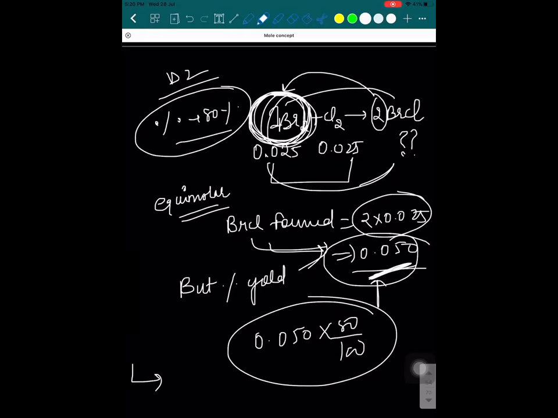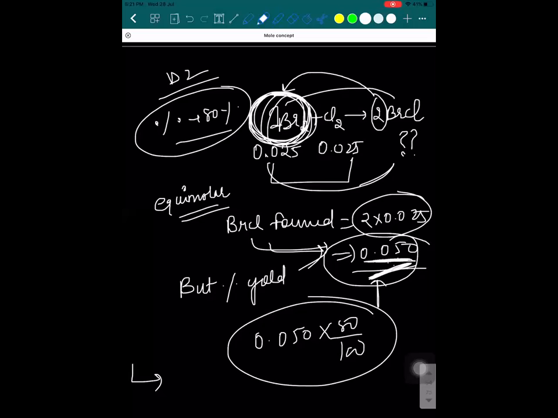Can I say from the stoichiometry, from the stoichiometry, can I say it means BrCl is 0.05, half of it is approximately 0.02, isn't it?